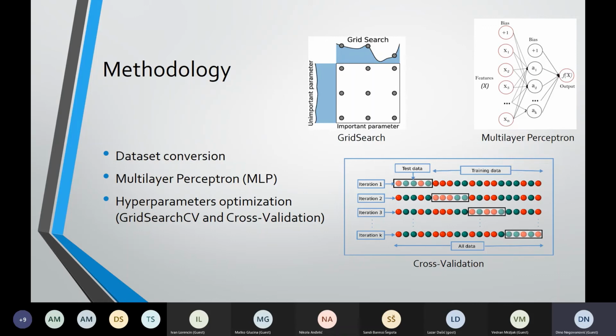One important factor in the performance of the MLP regressor models is its hyperparameters. Since it's difficult to guess the best parameters for the regression, tuning of the hyperparameters is performed using grid search CV and cross-validation.